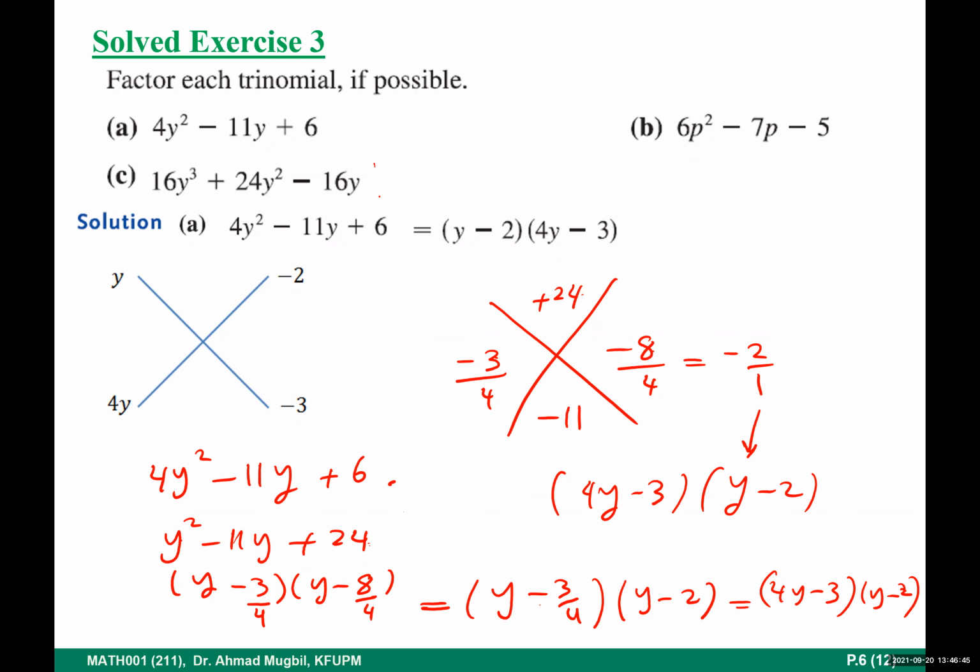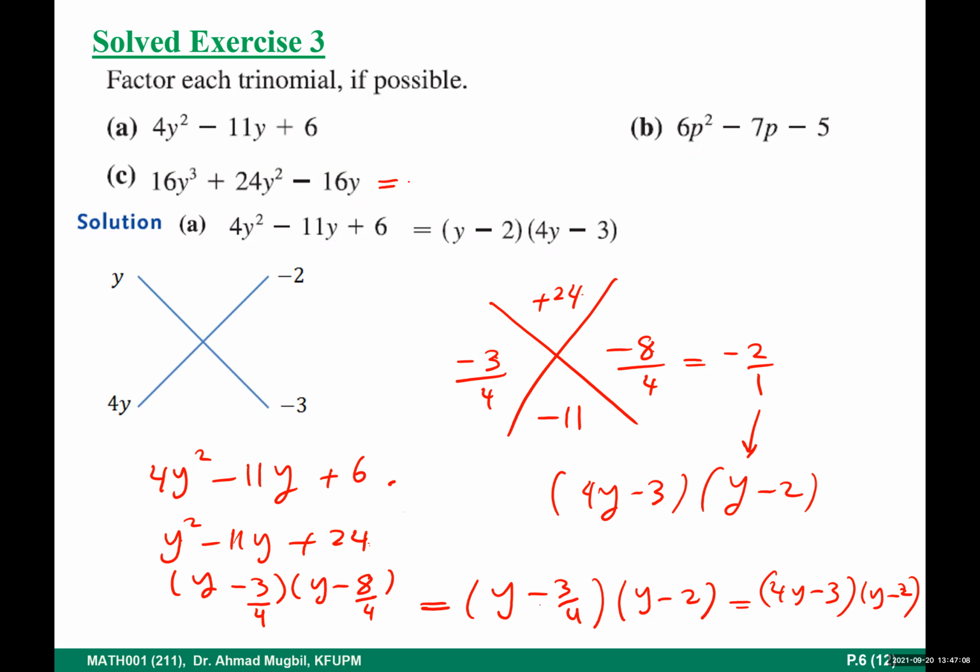Look at C. Who can factor C? You can take 8 as a common factor. Always, first, you should factor out the common factor. There is a common factor here. What is it? 8.